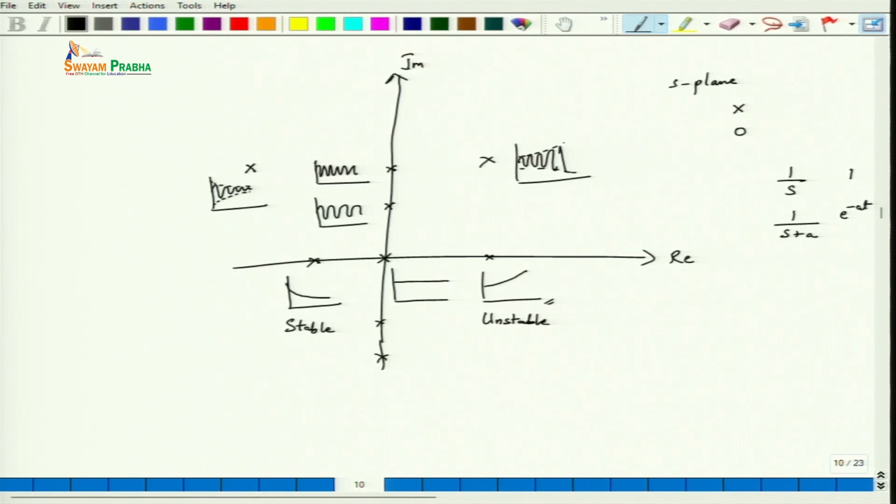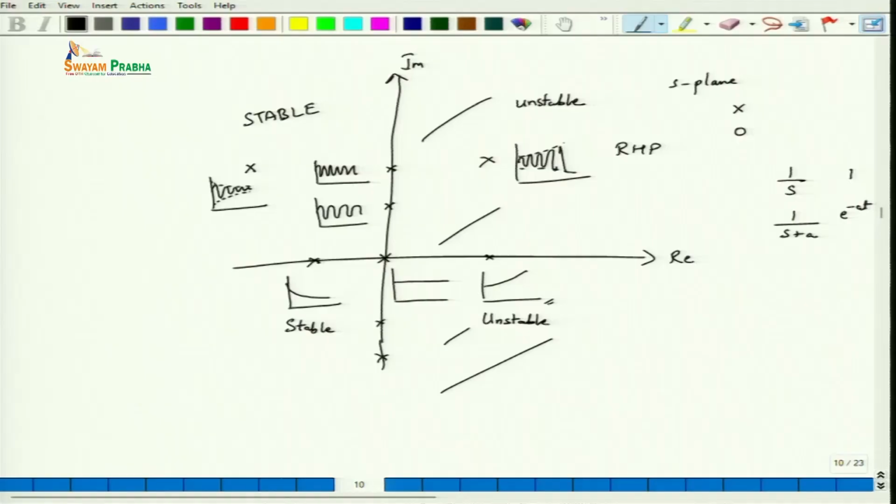So, this region basically represents the unstable region. So, if you have poles in this region, that is the right half plane, it is unstable, whereas here you get a stable system if your poles are here.